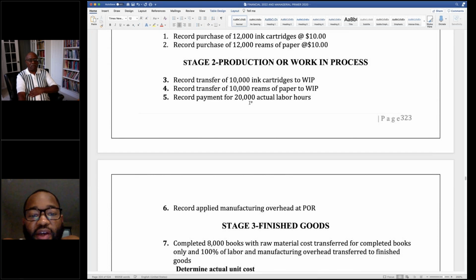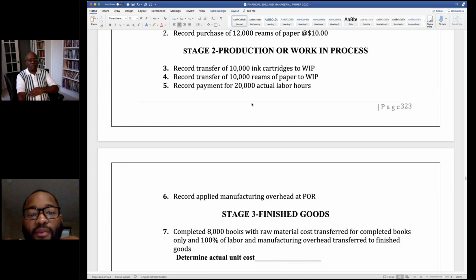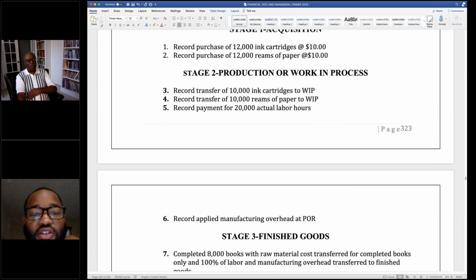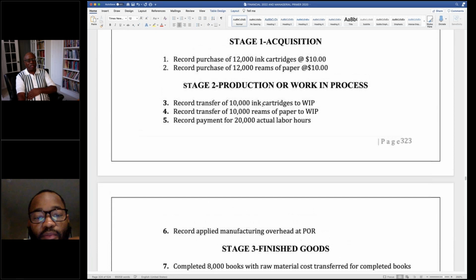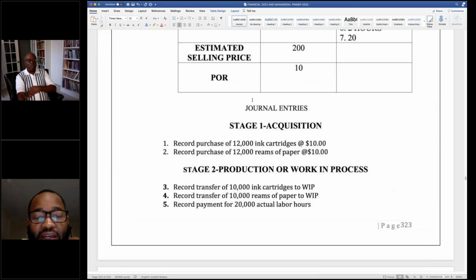If for some reason one number were different, how would we go back and use the first stage numbers to recalculate those totals? For example, if number 4 was 5,000 and number 3 was 10,000, how would we recalculate number 4?